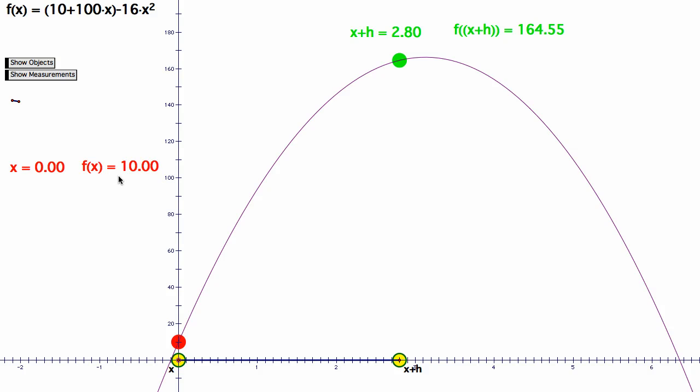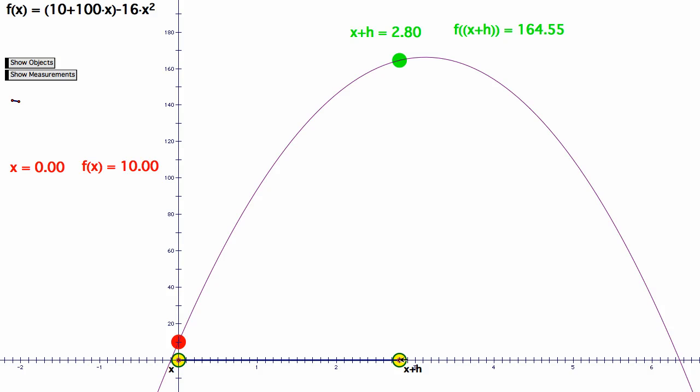Now remember, let's say I'm standing on a basketball hoop and I throw an object up as hard as I can. It just goes straight up, then it's going to peak out, and then it's going to fall back down. That is what this curve represents. It represents the height of an object thrown straight up, and as it goes up, it charts its height, and then it peaks out, and this represents it falling back down to the ground.